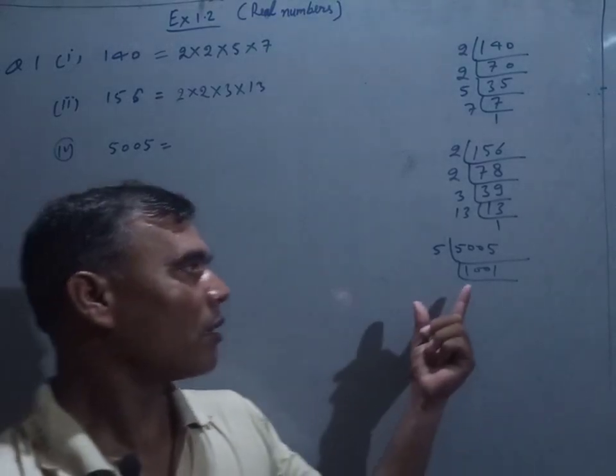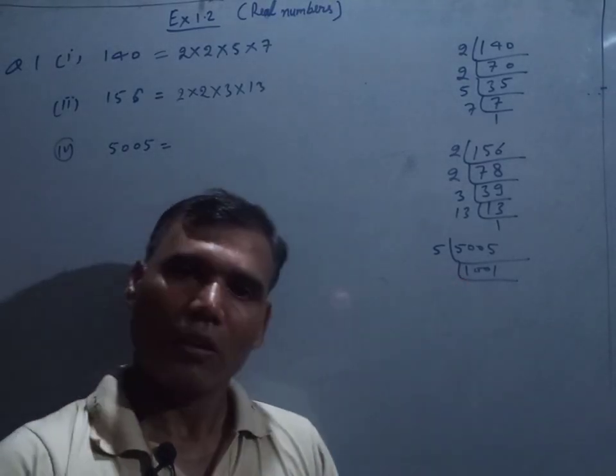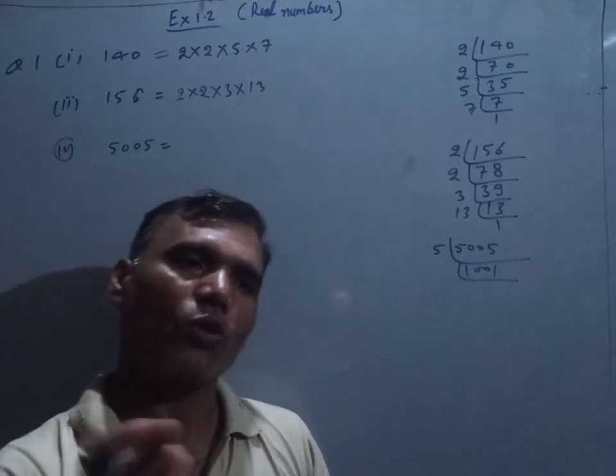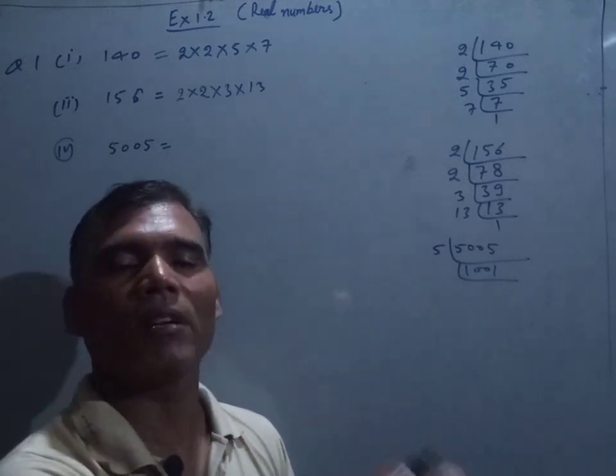Here the difference between the even place digits and odd place digits is 0, or a multiple of 11, so we can divide the whole number by 11.